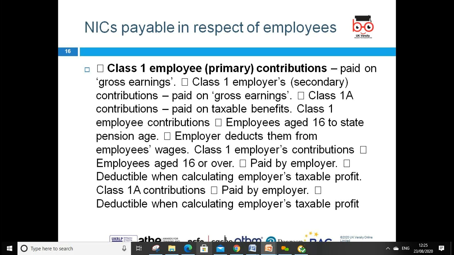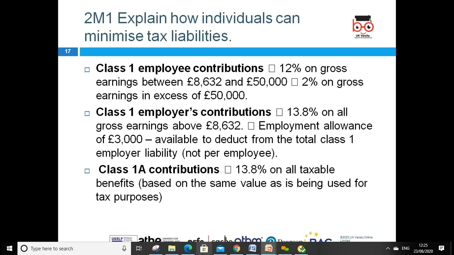Class 1 employee's contribution applies from age 16 to state pension age, and the employer deducts it from the employee's wages. The Class 1 employer contribution applies to age 16 or over, paid by the employer, and deductible when calculating the employer's taxable profit. Class 1A contribution is paid by the employer and deducted when calculating the employer's tax liability.